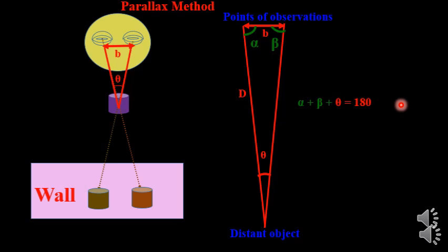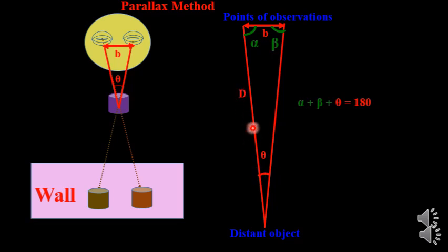We know that angle equals arc by radius. Arc is the side which is opposite to the angle theta. So here, instead of arc, it is the distance between the two points of observation, which is basis B. Radius is the adjacent side of the angle theta.